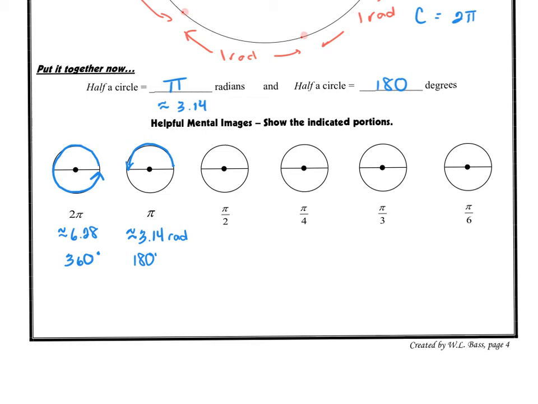Now, this is where it starts to get interesting. So we've got the whole circle that was 2 pi, and then when we cut that in half, we had pi. Now, if we take this pi and we cut that in half again, and we only rotate half of this, we get our next picture, and that's only going to rotate up to here, okay? So if pi was 180 degrees, then pi over 2 is going to be 90 degrees, and if we type that into your calculator, 3.14 divided by 2 is going to get you approximately 1.57.